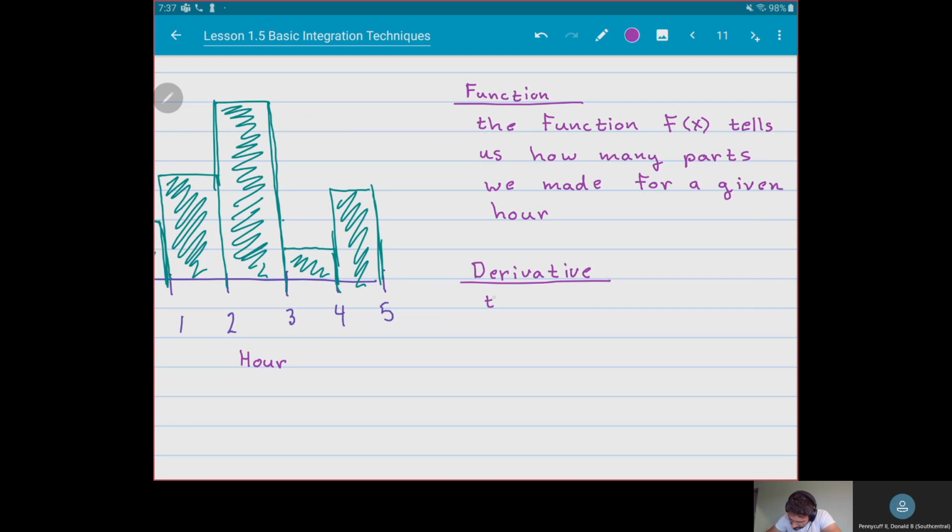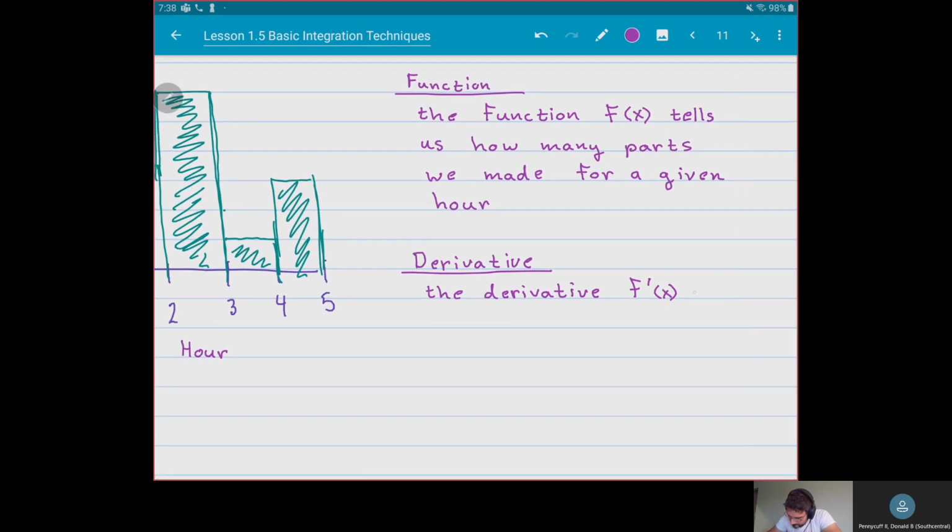The derivative, and I'm just going to use f prime of x as the symbol, tells us how fast we are making parts.